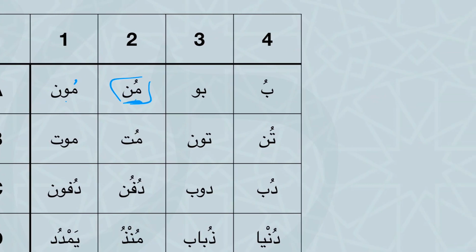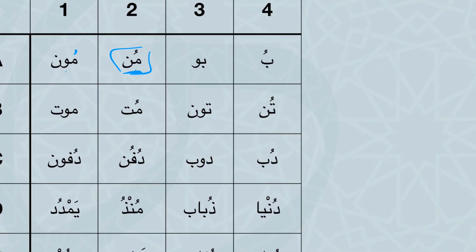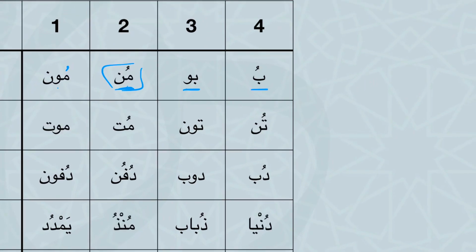Number 3 and 4, the same deal, but this is the letter ba on its own that has a dhamma, and this one is a long vowel oo. How would it sound? Let's start with number 4 first because it's the shortest form. It's bu, bu, bu. Number 3 is boo, boo, boo.